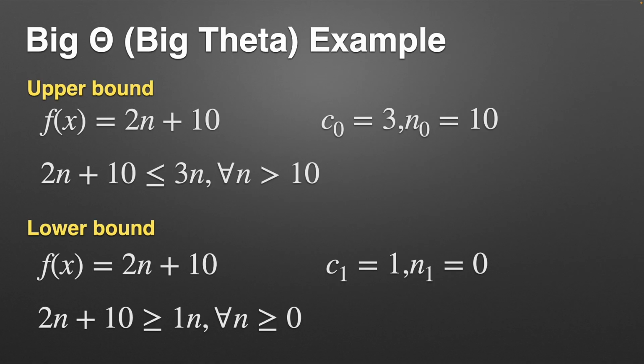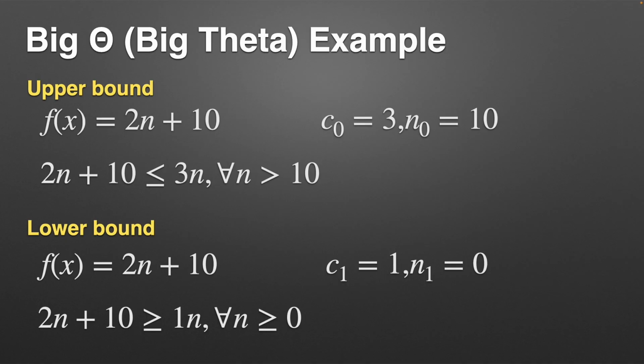So if you remember our example of the function 2n plus 10, for our upper bound, our big O, we chose 3 and 10. And we were able to show that that works and gives us our g of x being n. So g of x is n, and these two constants will give us something that is always above our function, eventually.